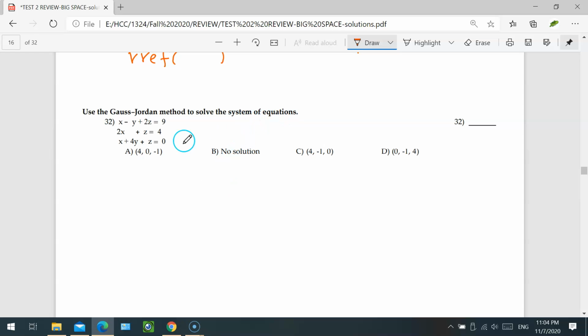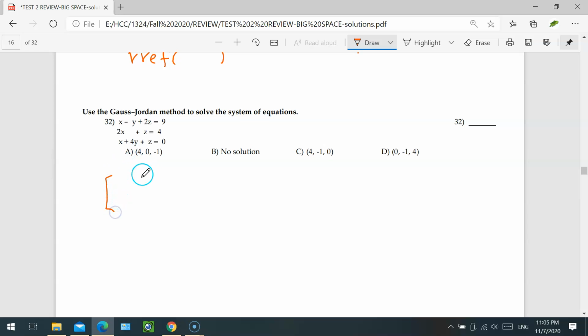In that case, since the answer is multiple choice, I will just go with the RREF to solve it, because as I mentioned earlier, that is the most convenient and fastest way to find your X, Y, Z, W. So there's no need to use the Gauss-Jordan method. Okay, I hope you get my hint for working on questions like this. So I'm going to just go with the RREF.